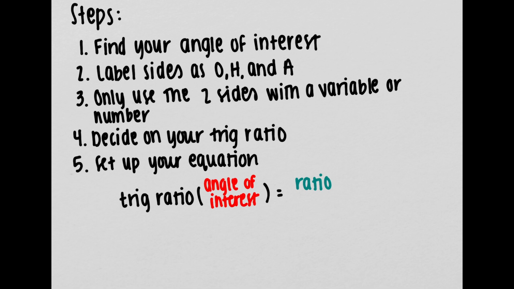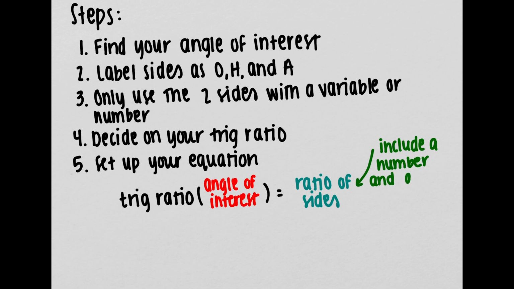And that ratio depends on which trig ratio. So if it's sine, it's opposite over hypotenuse; cosine, adjacent over hypotenuse; or tangent, opposite over adjacent. You need to know that this ratio is going to include a number and a variable, because remember, we're using two sides and they're either going to have a number with them or a variable, x, y, z, something like that.